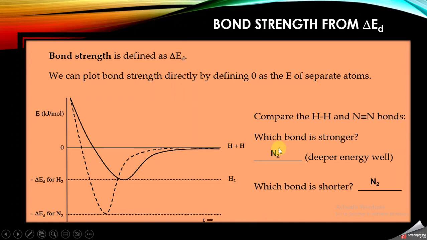You already know that the nitrogen molecule has a triple bond, and a triple bond is always shorter because it is stronger, and therefore it requires more energy. Hydrogen has a single bond, and therefore it is a longer bond and requires less energy. So all these things you can relate with the interaction energy curve and predict the strength of a bond.